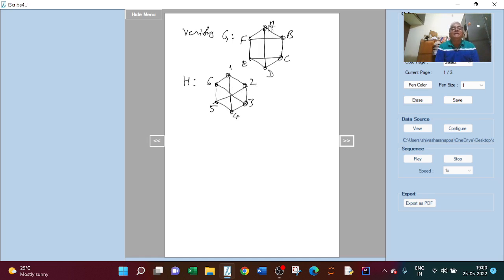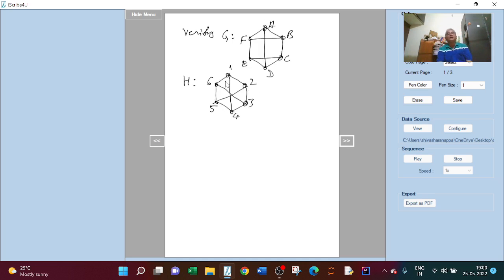See, in G, there are vertices A, B, F. These are 3 mutually adjacent vertices. That means there is a triangle in G. But if I go to H, no such triangle exists. If you start with 1, there is no triangle. Start with 2, no triangle. 3, no triangle. 4, no triangle. 5, no triangle. 6, no triangle.